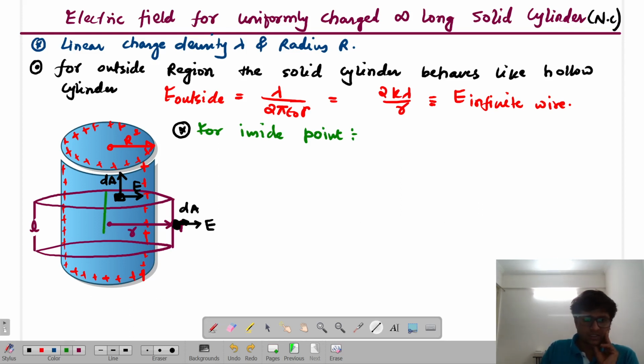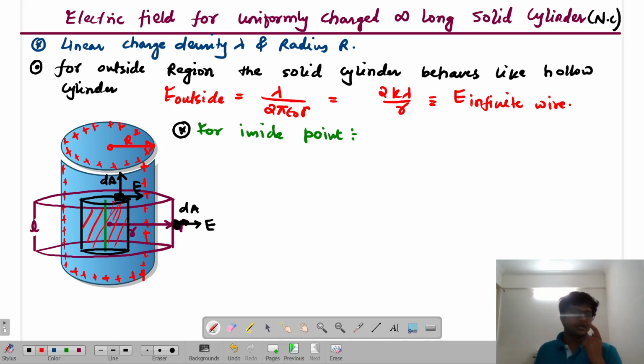So look over here, I'll draw it. And once again, I'll get a cylindrical Gaussian surface. But here, the charge content will be different or not. So same thing, same equation.